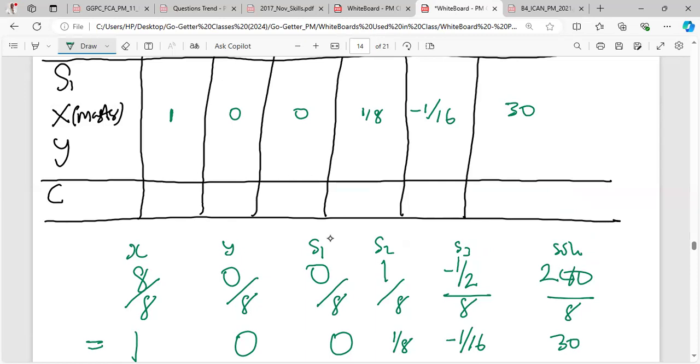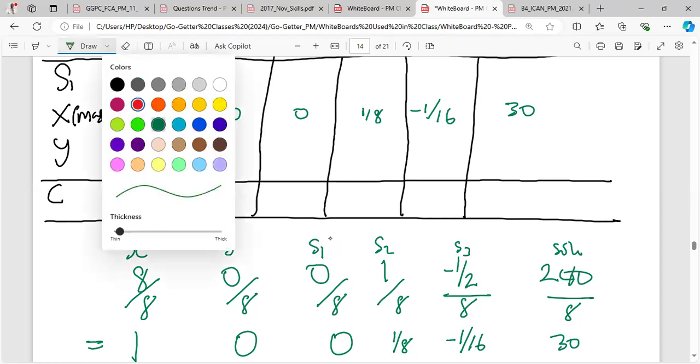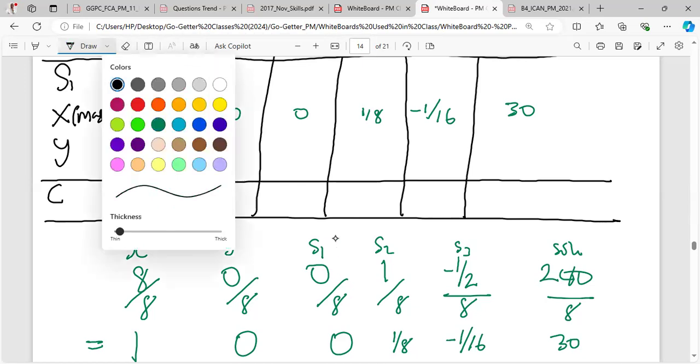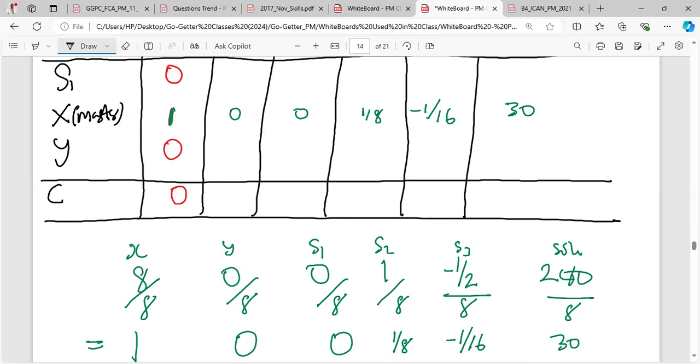Now, as I said before, this is 1. So everything here is going to give me 0. That's the law. So let me bring this on to this color. This is 1. Everything here is going to be 0. So now let's go back to do our S1 the way we have been doing it before.